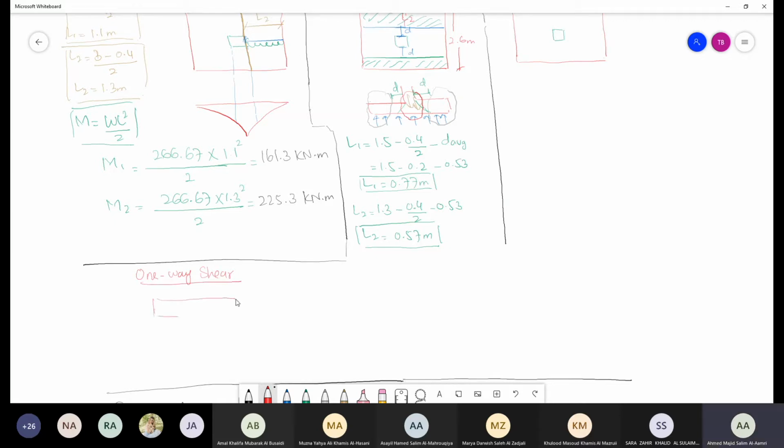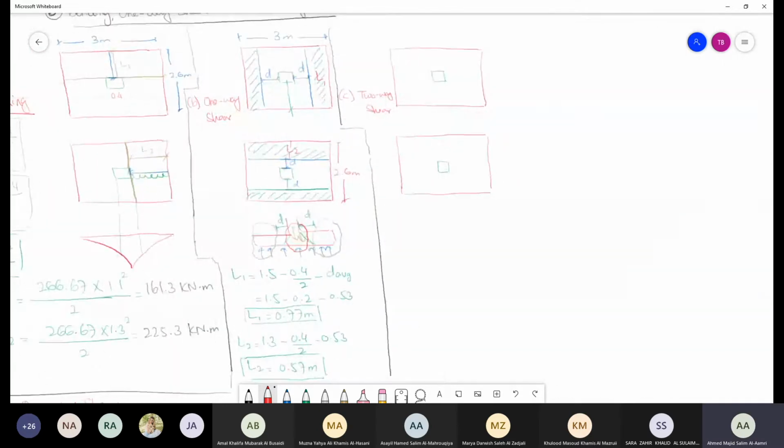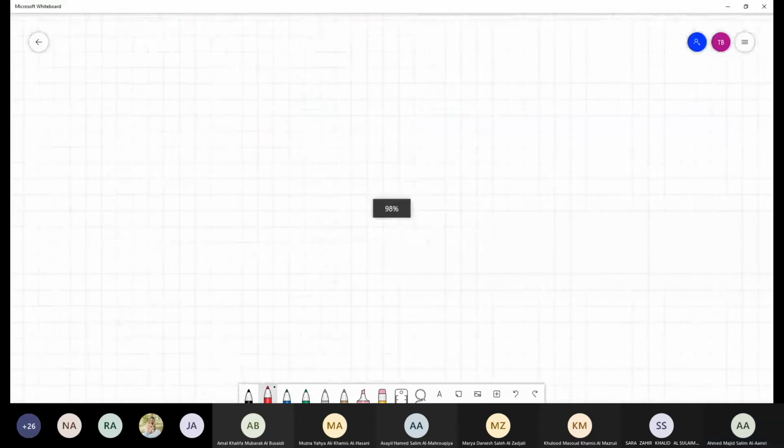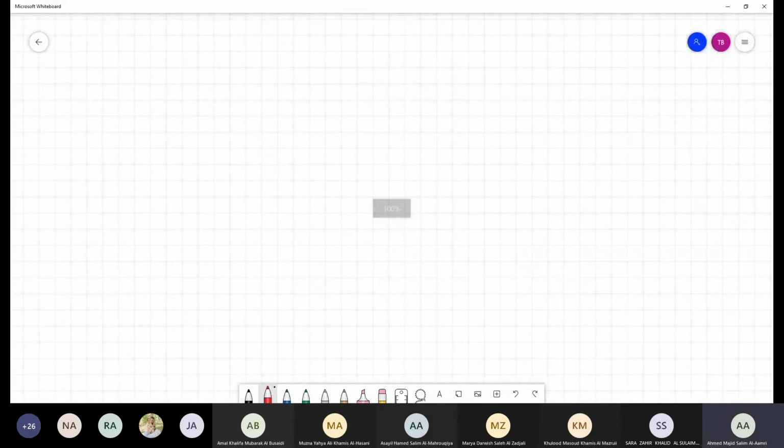Let us say that this is case A1, and we have another case which is called A2. This is for one-way shear.